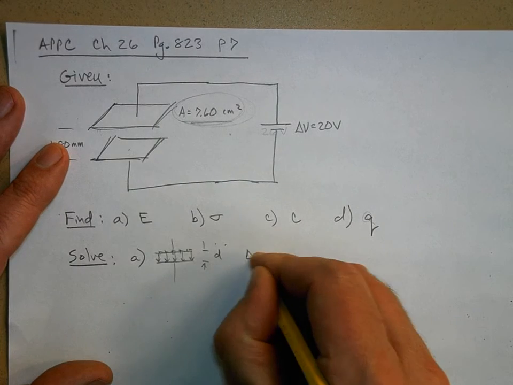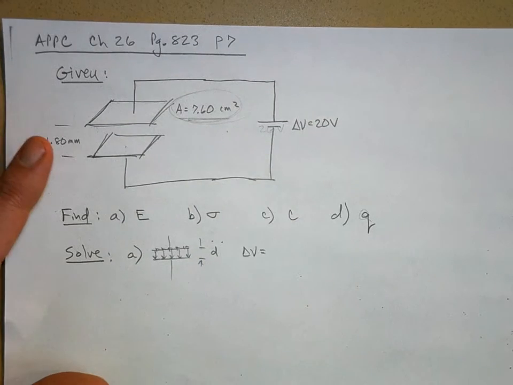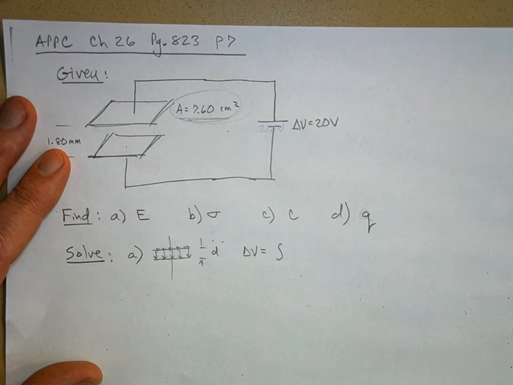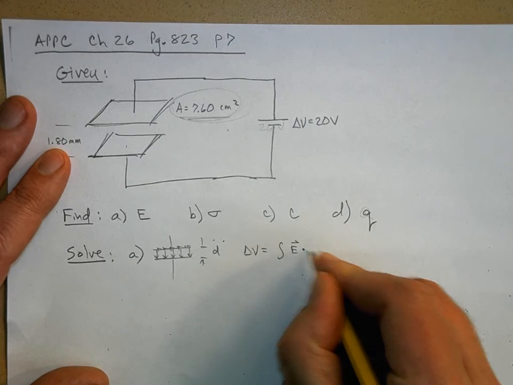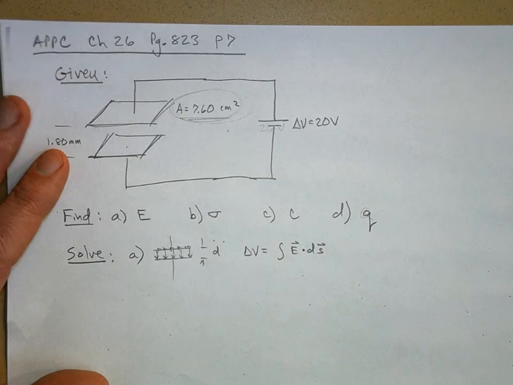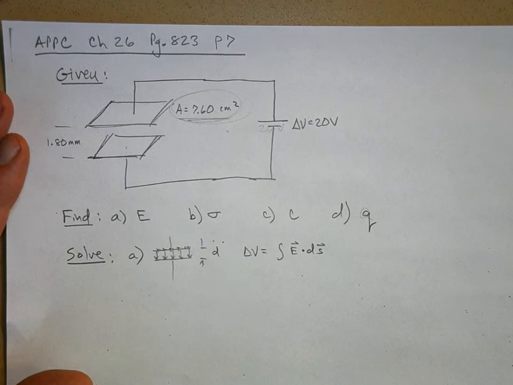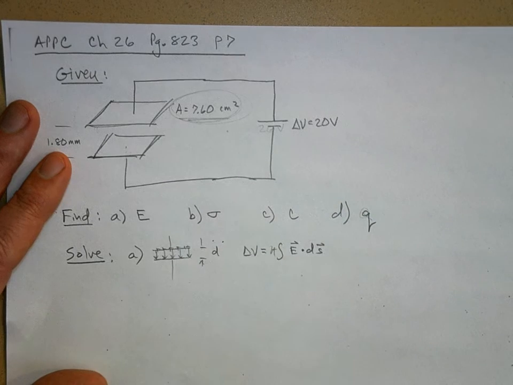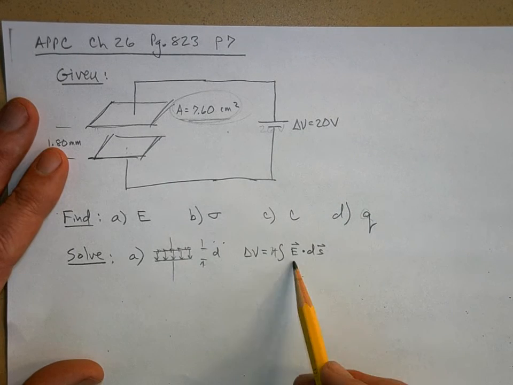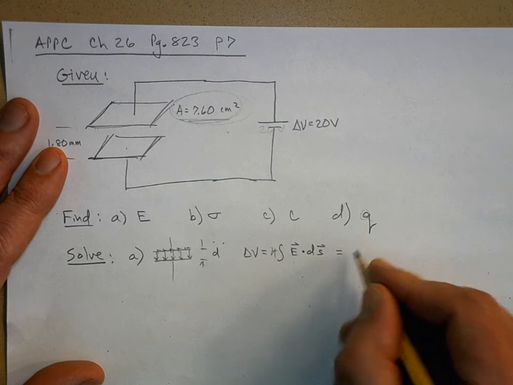And so the change in voltage is, well, let's go for the big definition, E dot ds. That's the definition of a change in voltage. I think there's a negative sign in there, but we're not going to worry about that. Just magnitudes for this. And E is a constant.